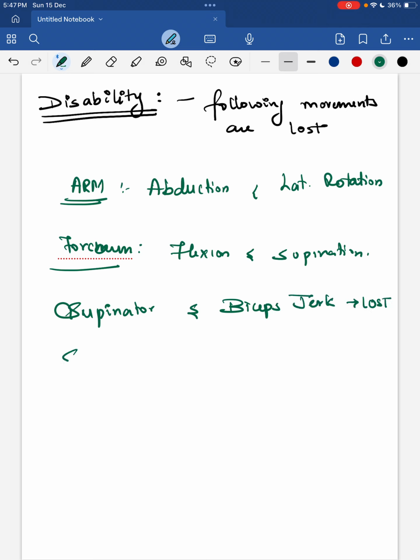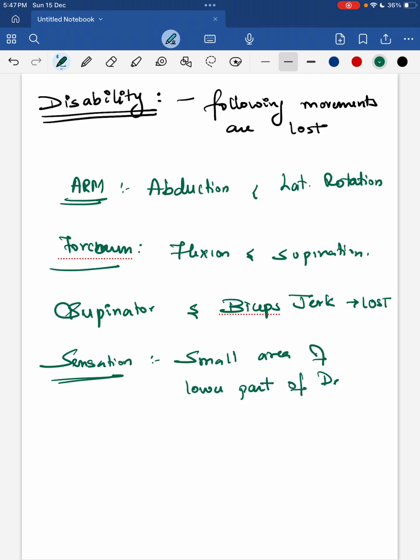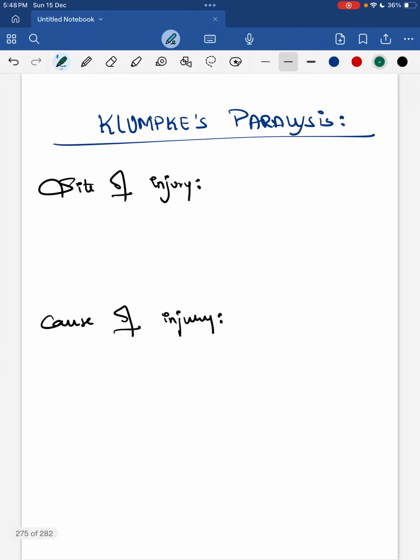Coming to the sensation, it will be lost over a small area of the lower part of your deltoid. These are the main points that you have to write in your Erb's palsy or Erb's paralysis.